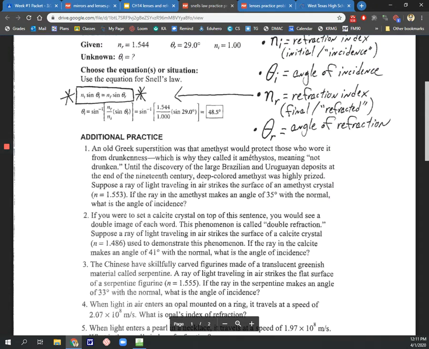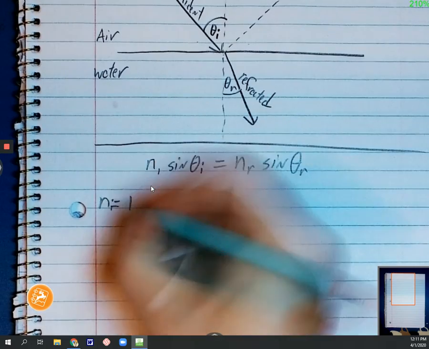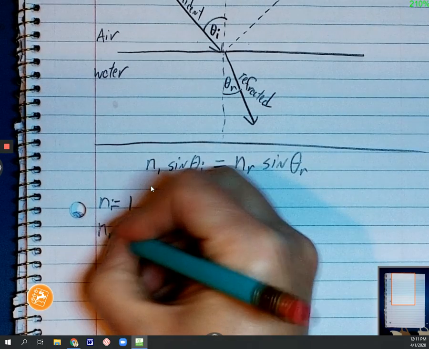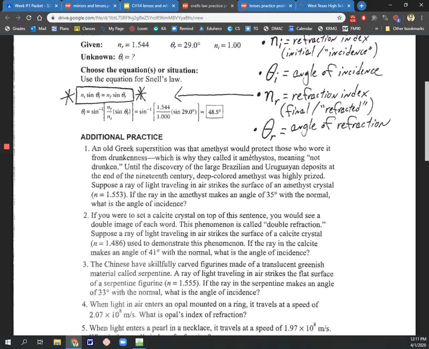Looking back at our problem, it says that it strikes an amethyst crystal. Amethyst has an index of refraction, or N, of 1.553. So let's say that N sub R equals 1.553. It says if the ray in the amethyst makes an angle of 35 with the normal, what is the angle of incidence?